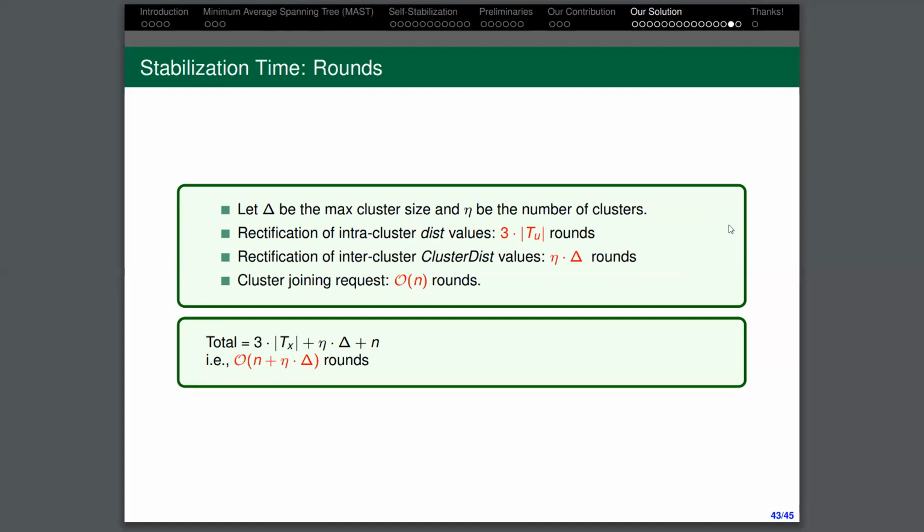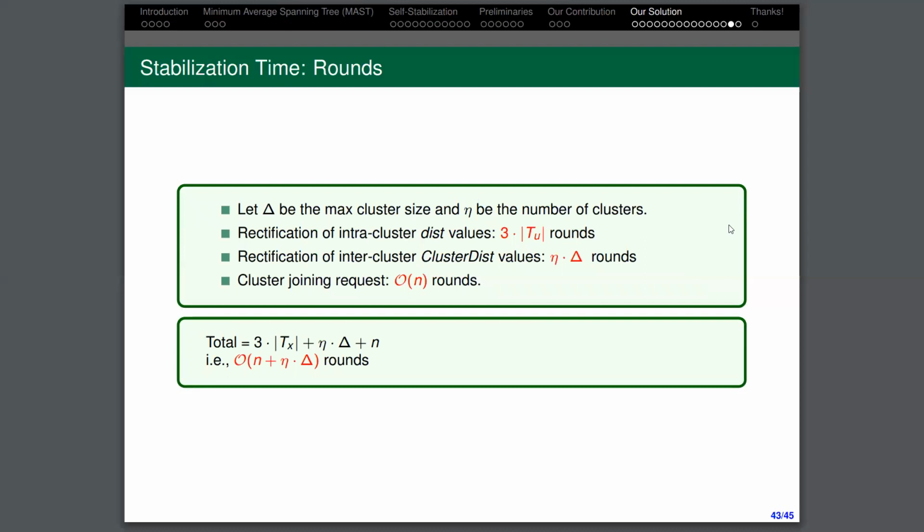So now we discuss the stabilization time in terms of rounds. Let delta be the maximum cluster size and eta be the number of clusters we get after the entire DCT is formed. The rectification of intra-cluster distance values takes a total of 3 times the cardinality of TU, where TU is the subtree rooted at node U, these many rounds.